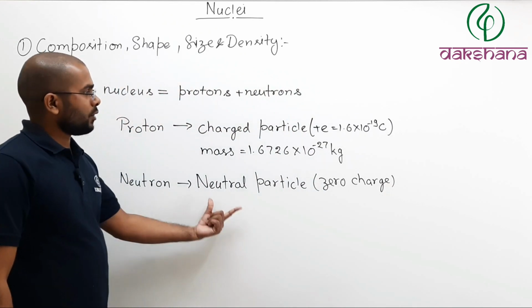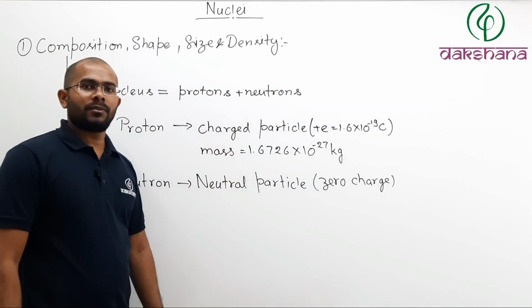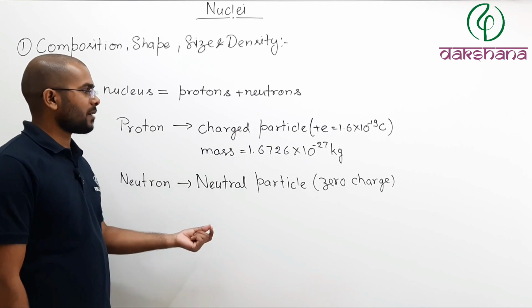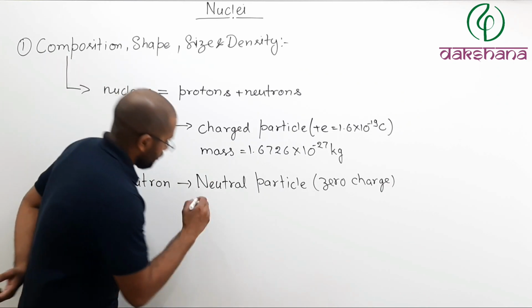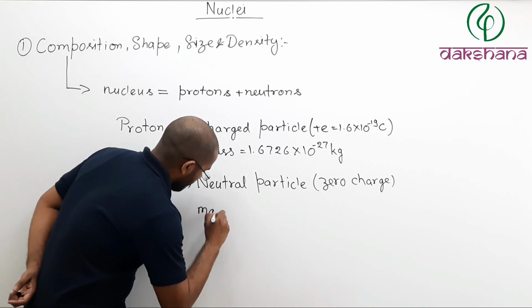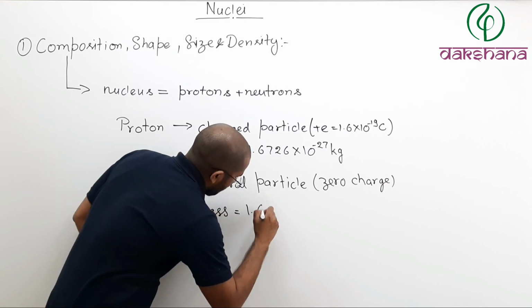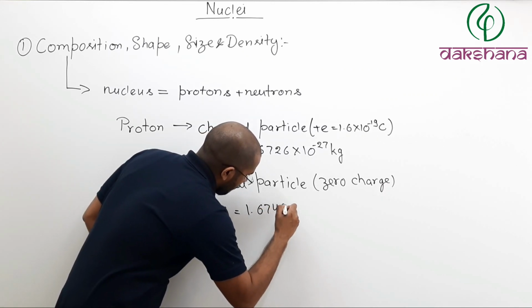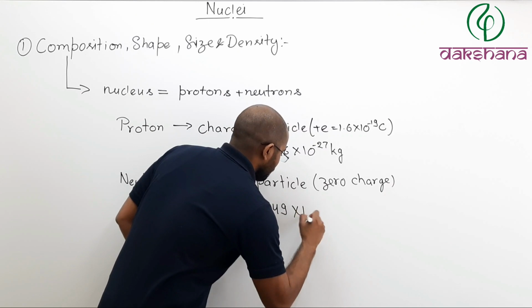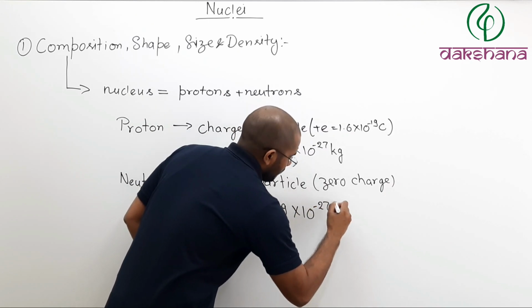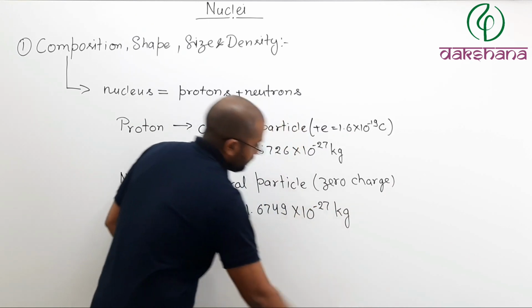Now, if charge is zero, what is the mass of the neutron? Do they have the same mass or different mass? The mass of the neutron is 1.6749 into 10 to the power minus 27 kg.